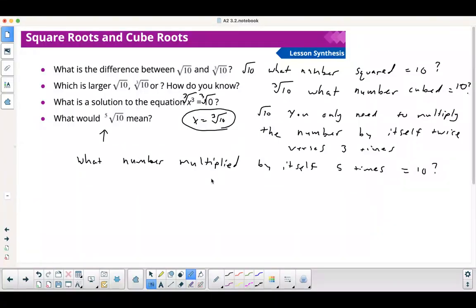Okay. So when you end up getting that, you leave them exact, because when you start rounding these, it's really kind of like this: the fifth root of 10 times the fifth root of 10. So the exact answer is just the fifth root of 10. So if you multiply that 5 times, that will actually equal 10.